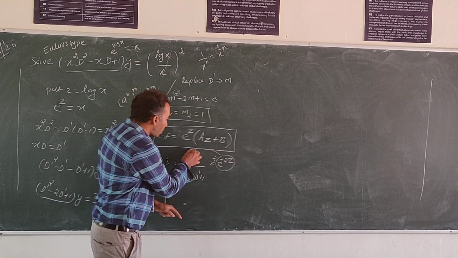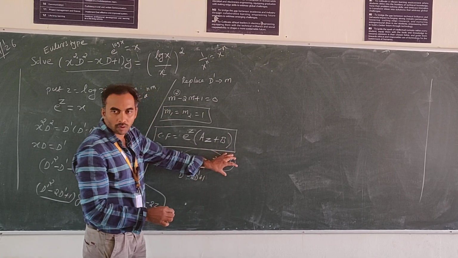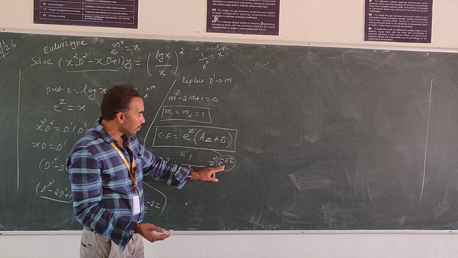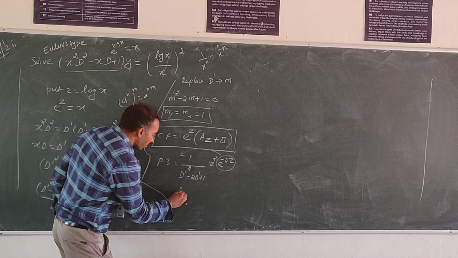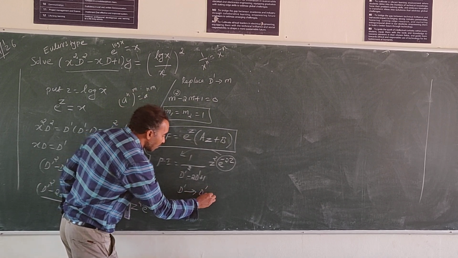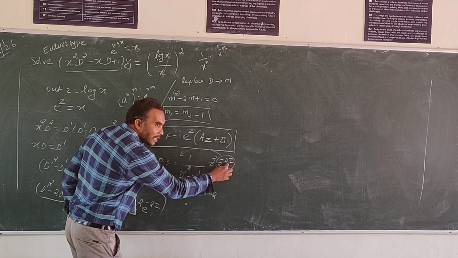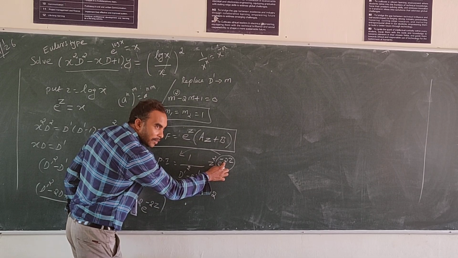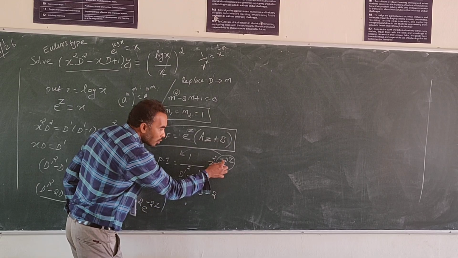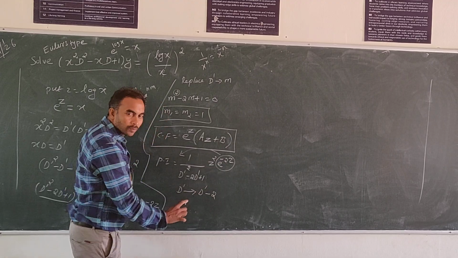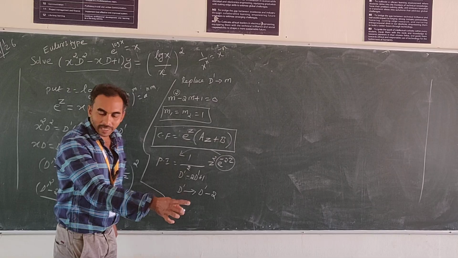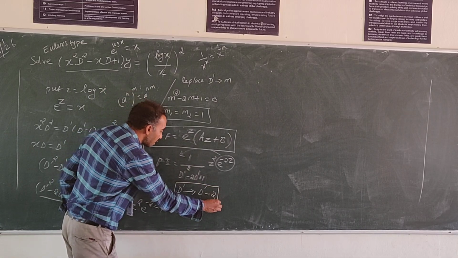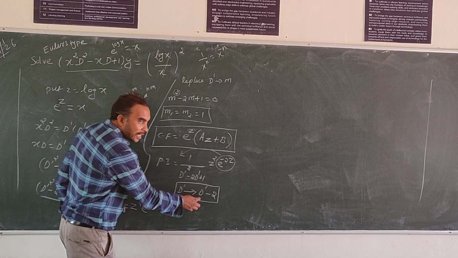Then bring this one to the left side, because its duty is over. Suppose plus 2 means D' + 2. Minus 6 means D' − 6. So in the denominator we have to replace D' by D' − 2.